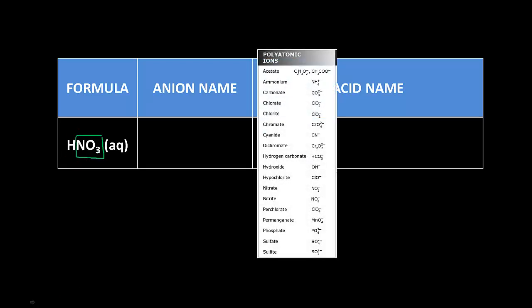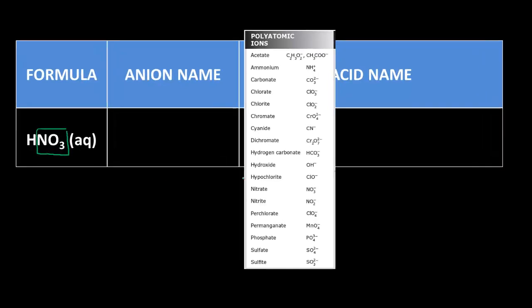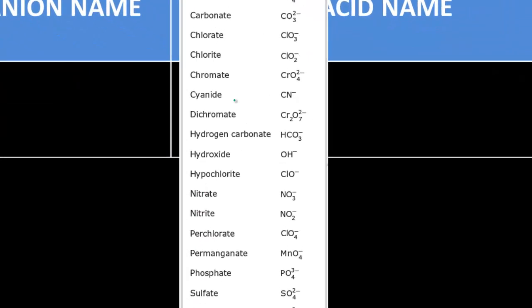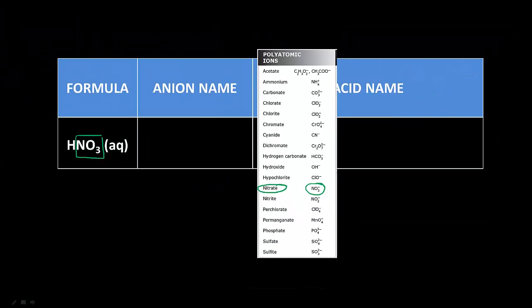NO3 is a polyatomic. We know that because it has more than one atom. So we're going to look under our polyatomic ions. NO3 is right here, and that is nitrate. So our anion name is nitrate.